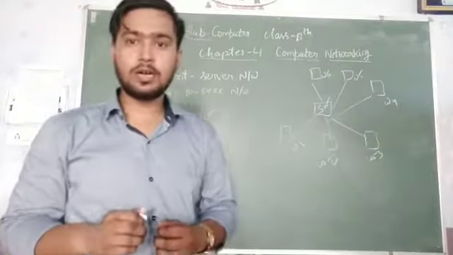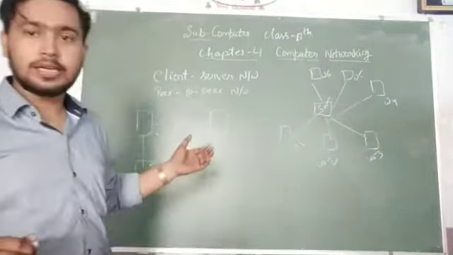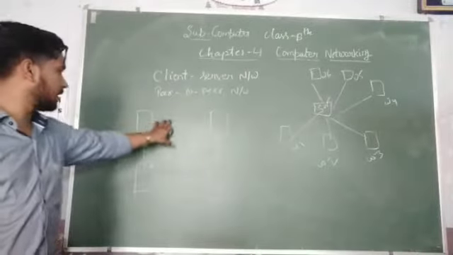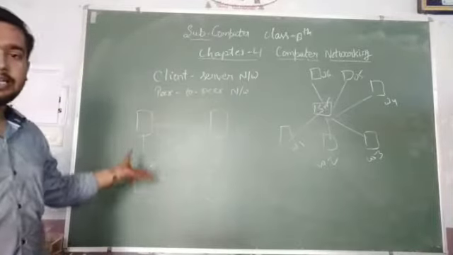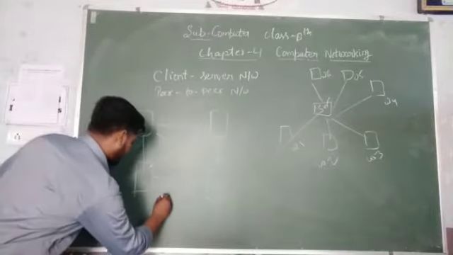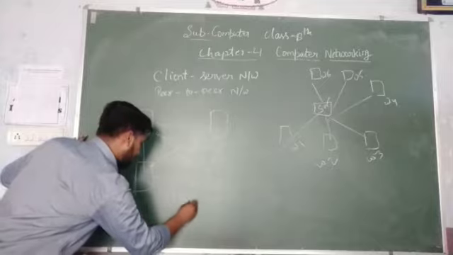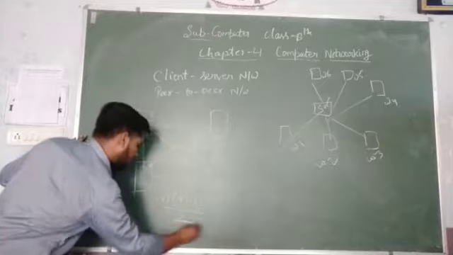In the peer-to-peer network, each node is connected to all other nodes, so the total connection lines used are n into n minus 1 upon 2.